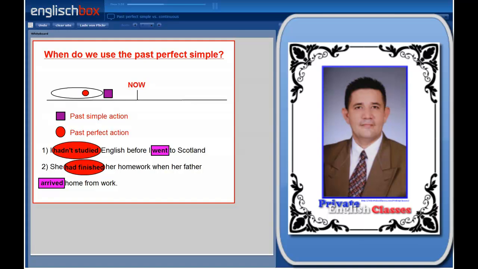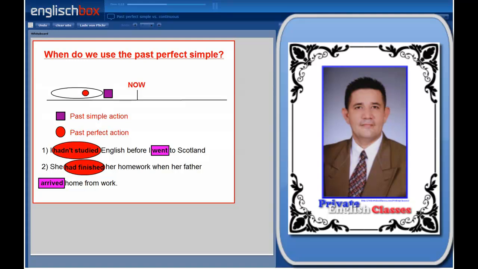For example, I hadn't studied English before I went to Scotland. The hadn't studied is the past perfect, and went is the past simple. The action of studying didn't happen before I went to Scotland.